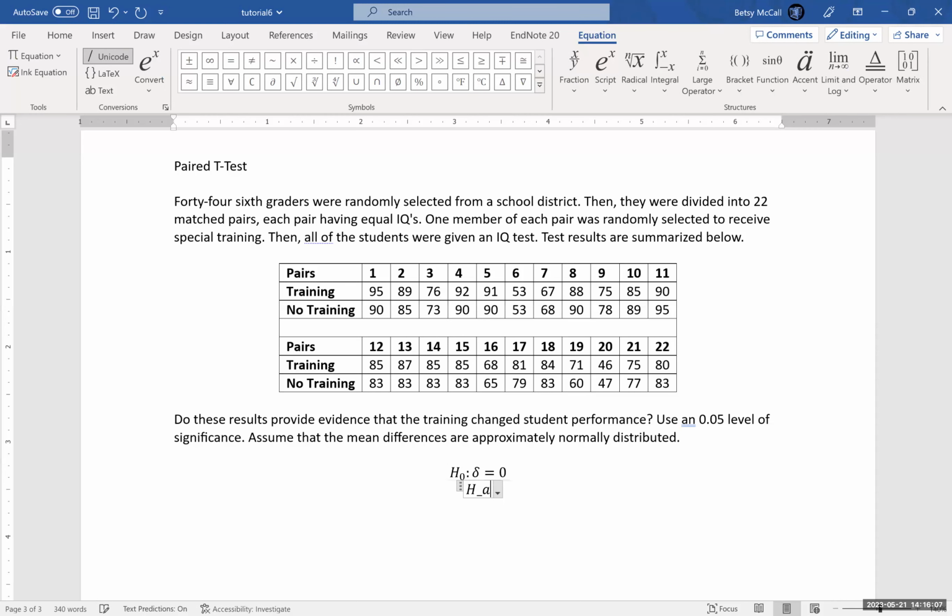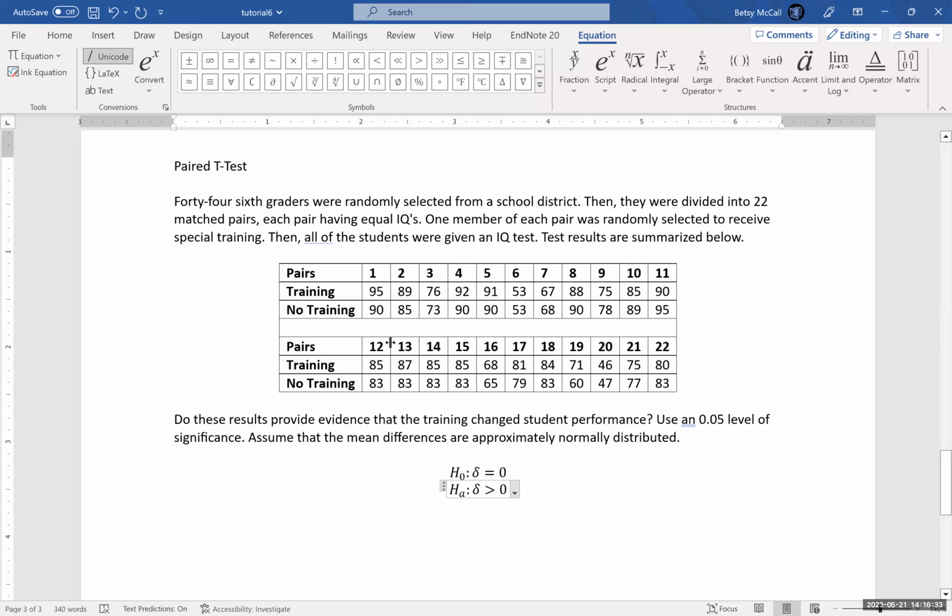In this particular case, we want to know if the training made a difference. We have to be careful about how we do the subtraction. Essentially we want to know if the training scores were better.